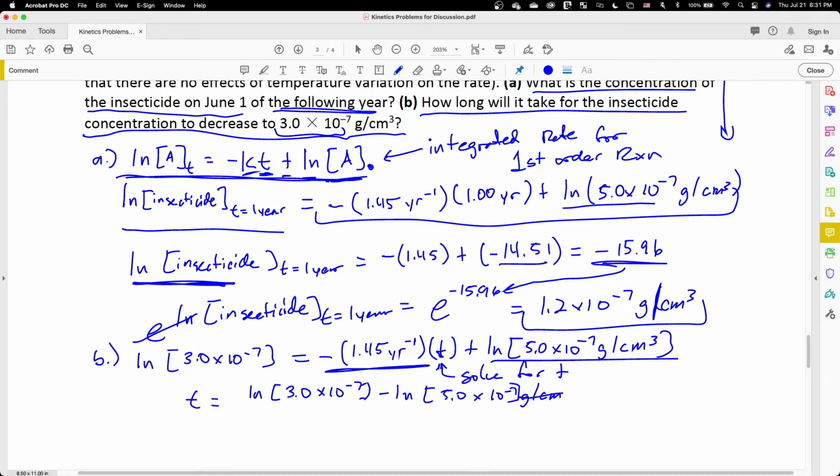All of that is divided by the 1.45 rate constant. Sorry, I got a little messy there, and I'm trying to erase it, it won't let me.